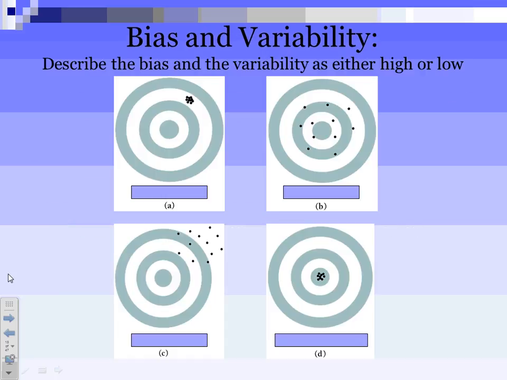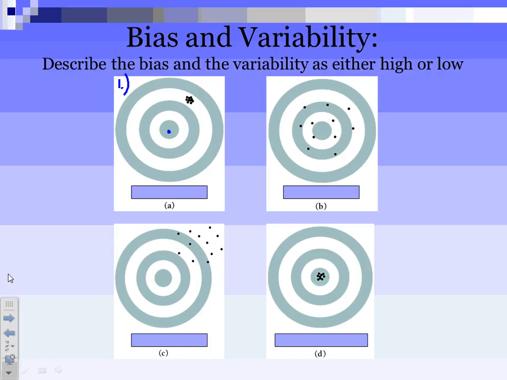So let's look at a few examples here. If we look at example 1 right here, well, clearly they're not centered at the bullseye in the center. And if they're not centered there, then that means that there is some bias. In fact, in this case, we would refer to this as high bias. But if we look at the points, they're rather close to each other. So that means that there is low variability because they're all very closely located.